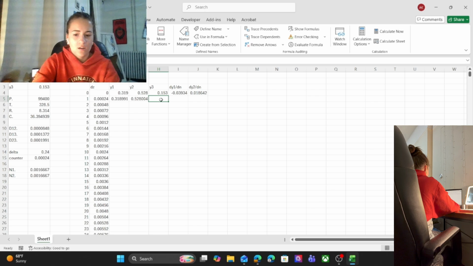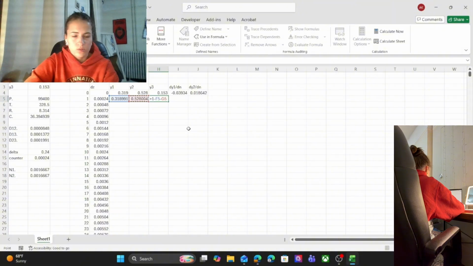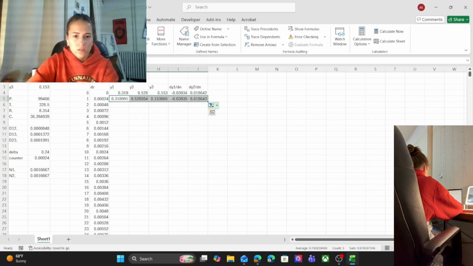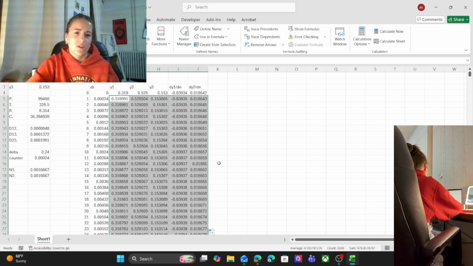And then here is just going to be equal to this, 1 minus this, minus this. So that's saying concentration of Y3 is just equal to 1, which is what the total has to be, minus the other two concentrations. So now we can pull all of these things down and make that go all the way to the bottom.